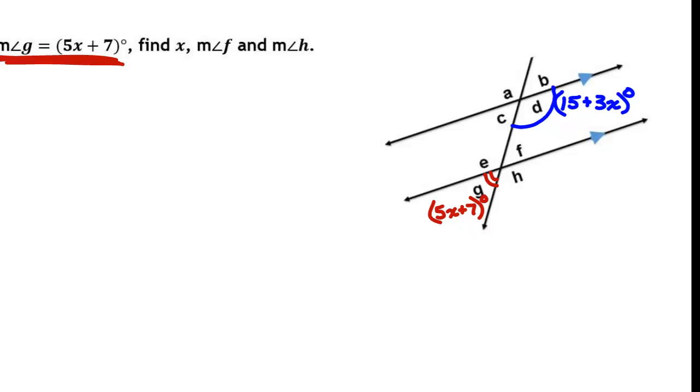Trick question. Think very carefully. Do we have a name for this angle pair? I have one interior angle, and on the opposite side of the transversal, I have an exterior angle. Do we have a name for one interior, one exterior, but on opposite sides of the transversal?